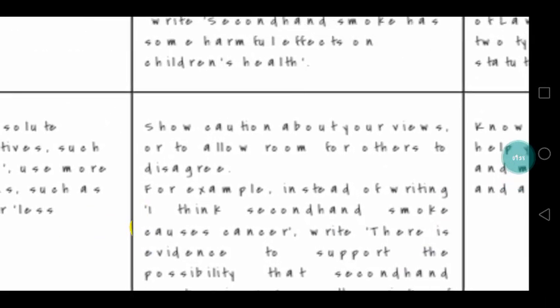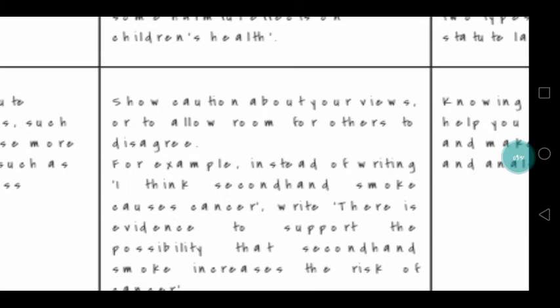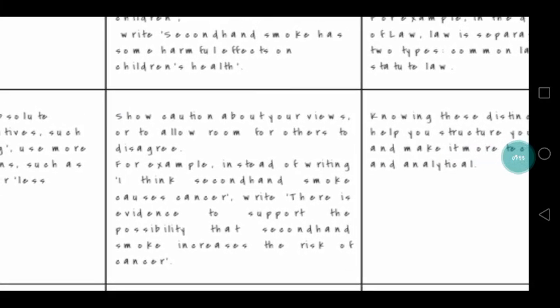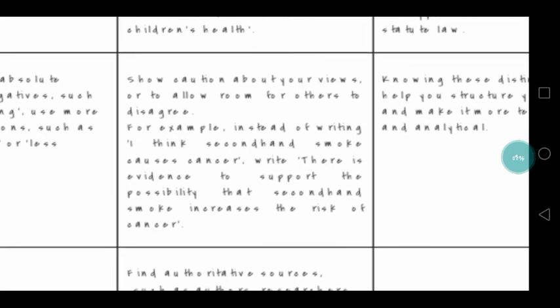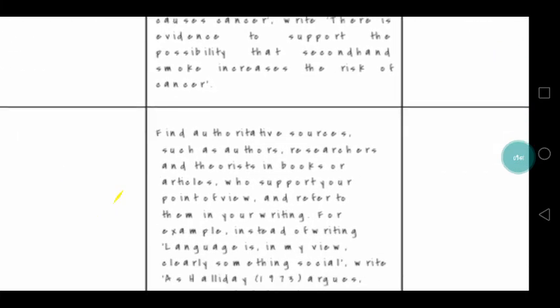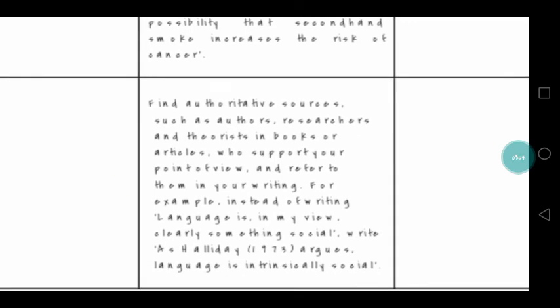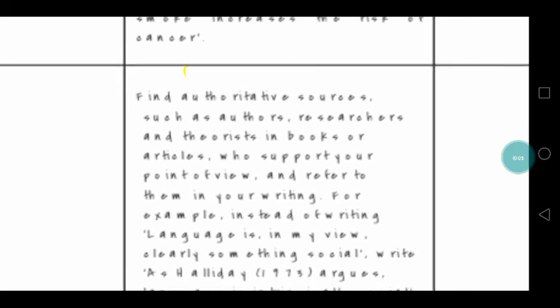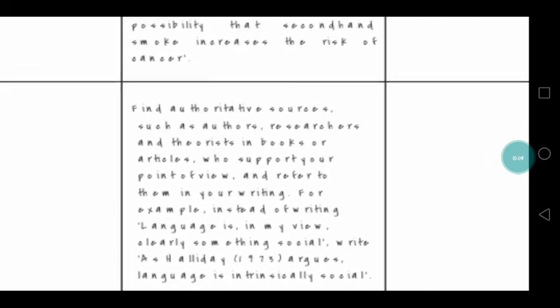Next, for objective, show caution about your views to allow room for others to disagree. For example, instead of writing, I think secondhand smoke causes cancer, write, there is evidence to support the possibility that secondhand smoke increases the risk of cancer. And then, find authoritative sources such as authors, researchers, and theories in books or articles to support your point of view and refer to them in your writing.